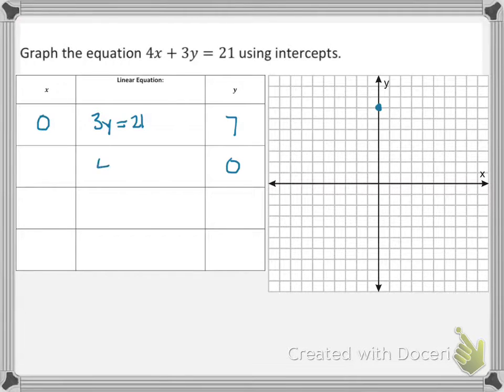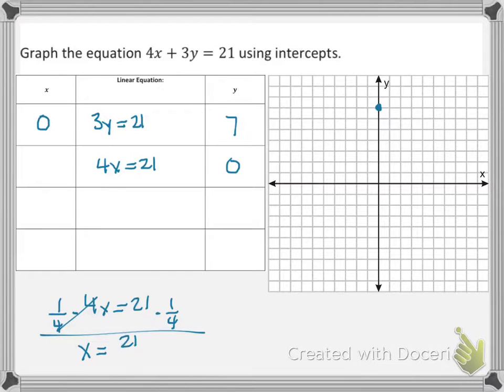And that gives us 4x equals 21. And let's do that down here. 4x equals 21. We're going to multiply both sides by the reciprocal of 4. And that gives us x equals 21/4. And 21/4 is equal to 5 1/4.